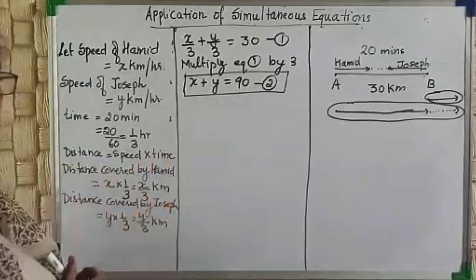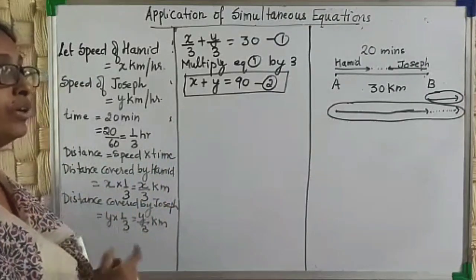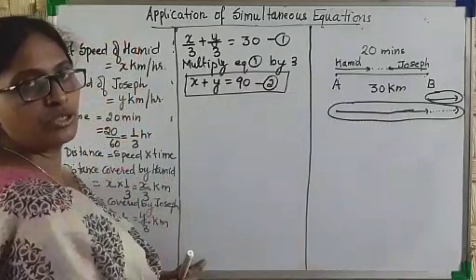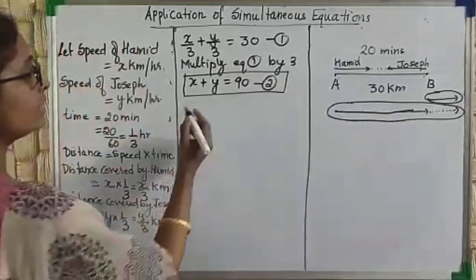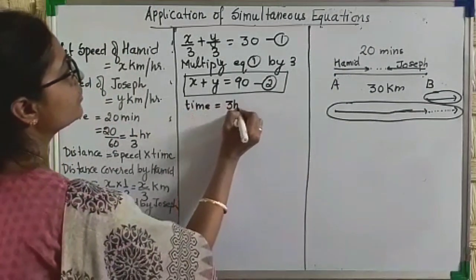According to the given question, Hamid will catch up with Joseph after 3 hours. So the time taken for both of them to meet is given as 3 hours.